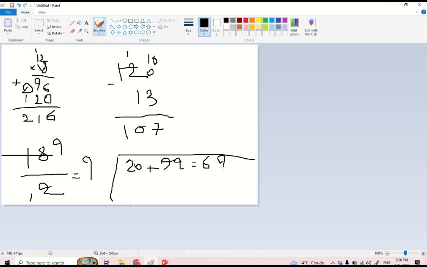So 69. If I change the order, 49 plus 20, it will be 69 again. So this is one of the properties of addition.